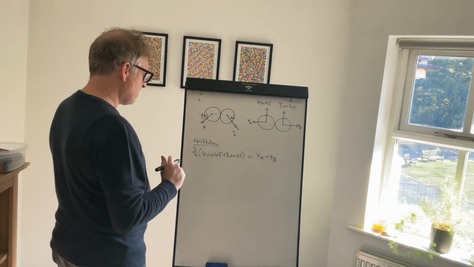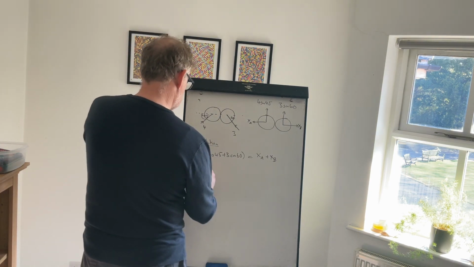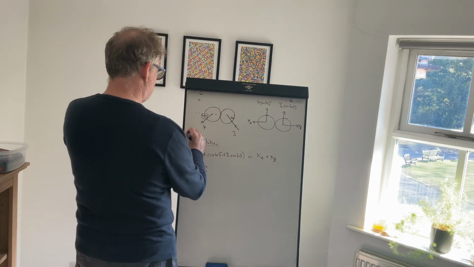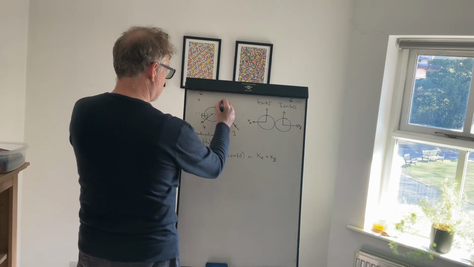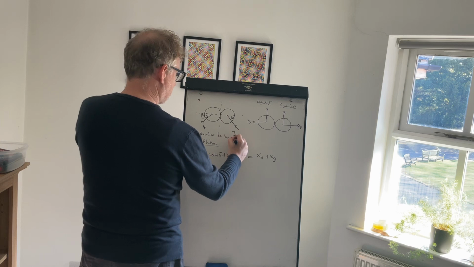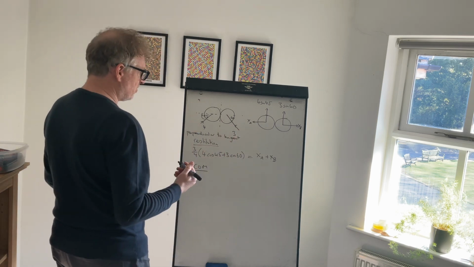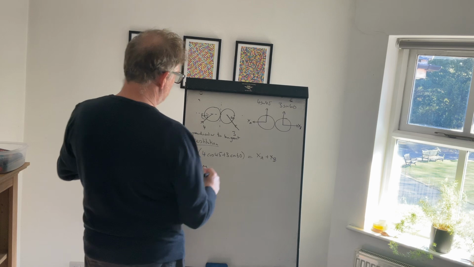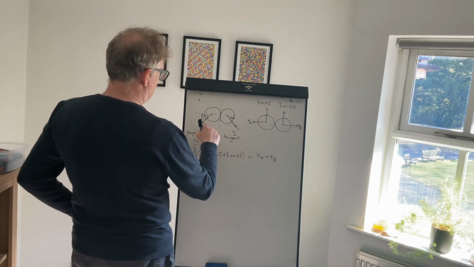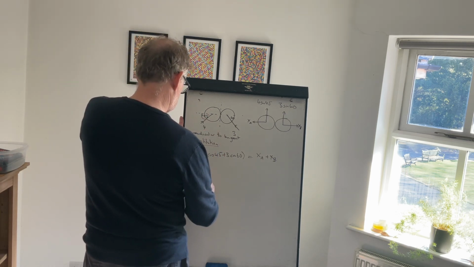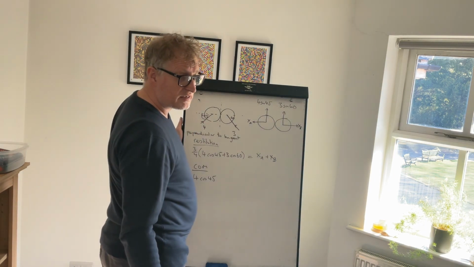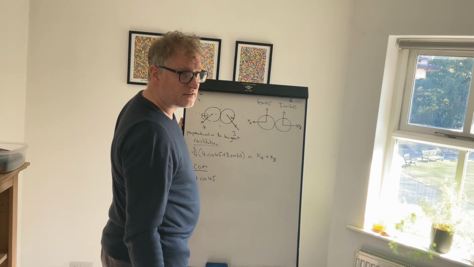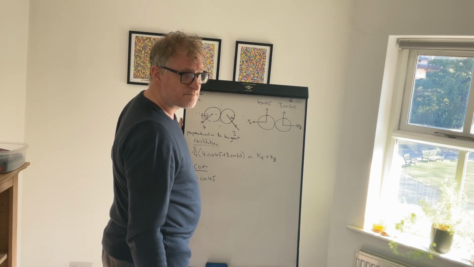Then, let's look at conservation of momentum. This is all perpendicular to the tangent. So we look at the conservation of momentum coming in. We've got 4 cos 45 times the mass of that one, which is 1.